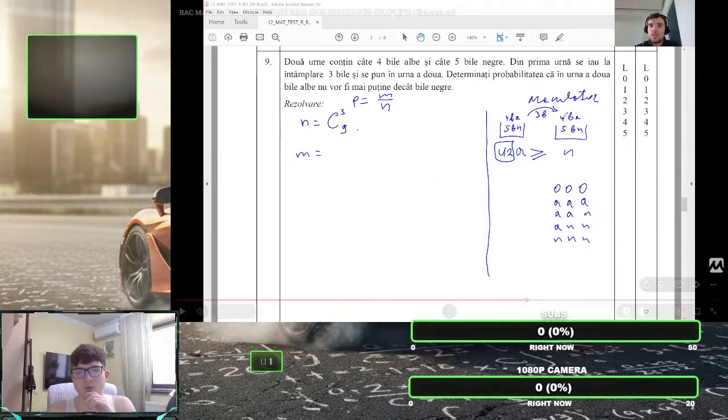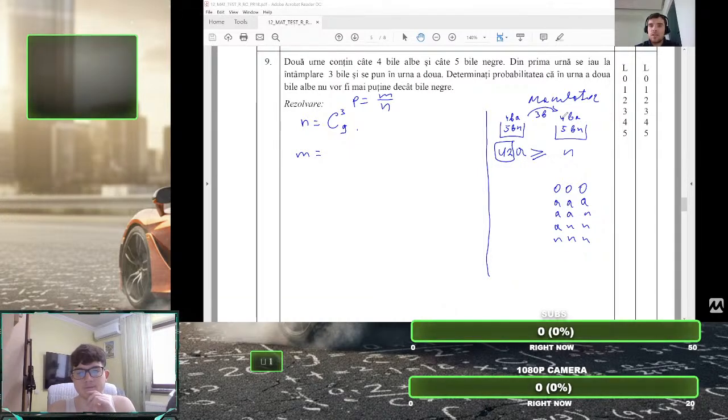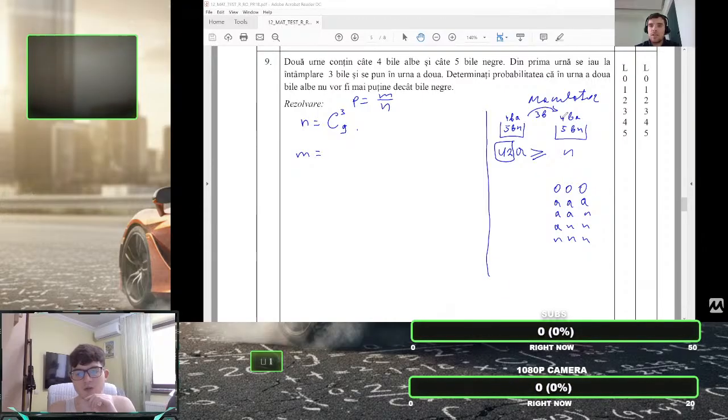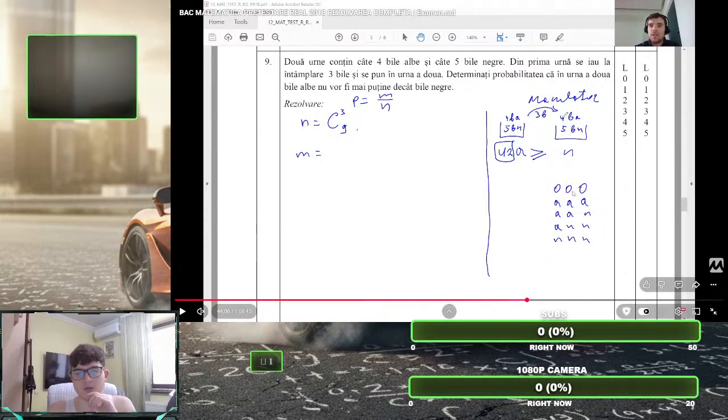If you move 3 balls, essentially you have 4 white balls and 5 black balls. So in order to have an equal or bigger amount of white balls in the second container when you move 3 balls, you gotta have at least 1 white.